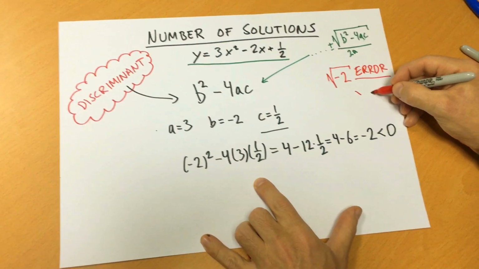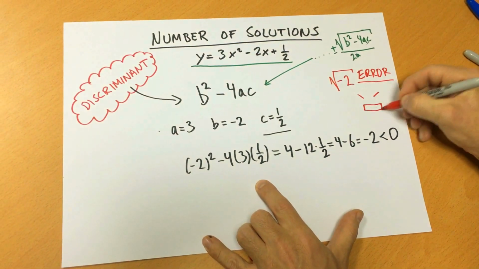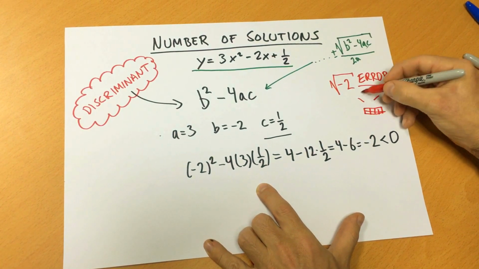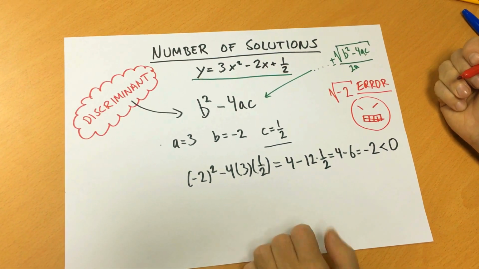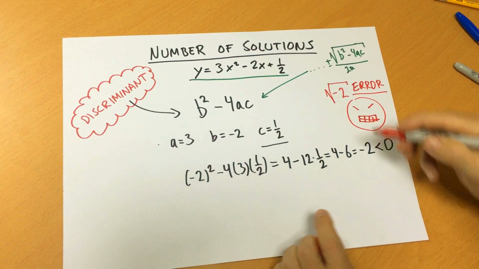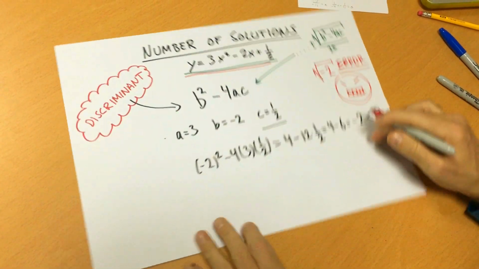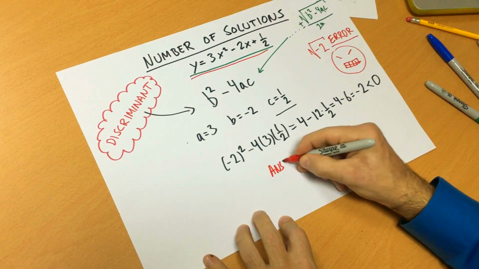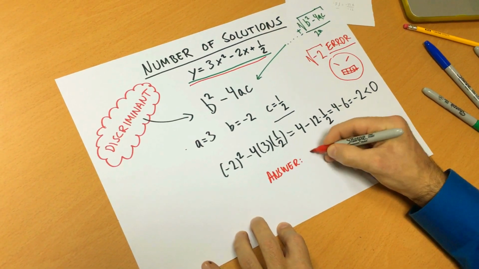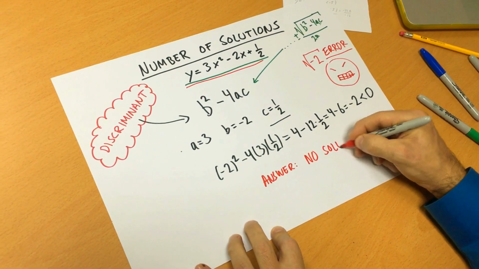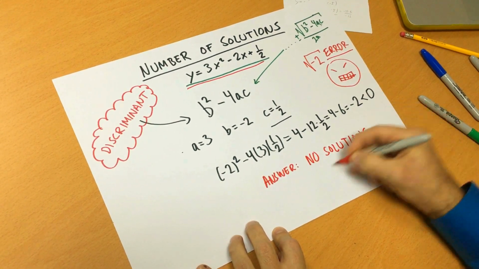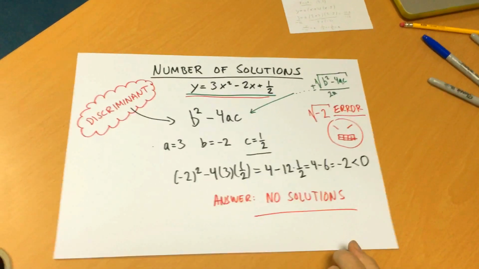So if the calculator was a human being that showed emotions, it would be very angry with you. Yeah, it doesn't work. So this means that this parabola has no solutions. So the answer would be no solutions.